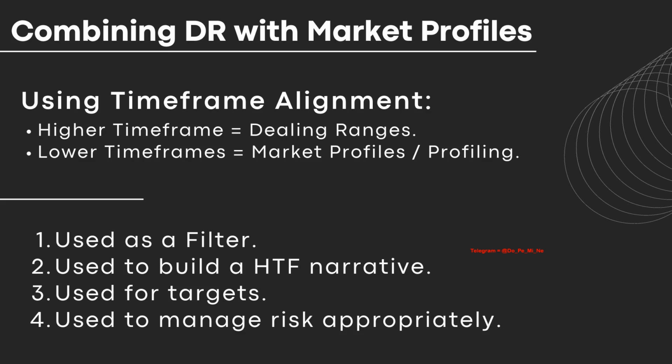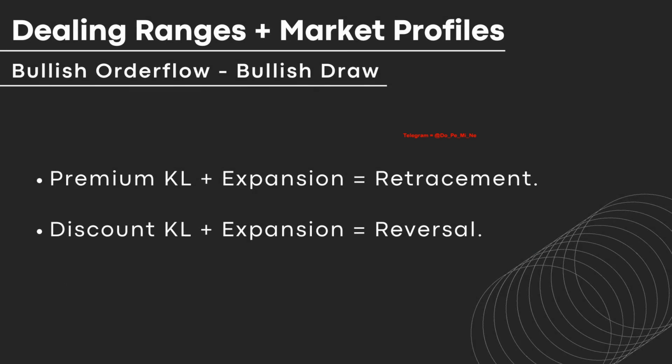Let's move on to the next slide. Here we're going to discuss different case scenarios for dealing ranges and market profiles. The first one is the different scenarios for bullish order flow, bullish market conditions, or when the drawn liquidity is high. The first scenario is when the market condition is bullish and price forms a bullish dealing range, and then price on the higher time frame retraces back to a premium key level with a lower time frame expansion.